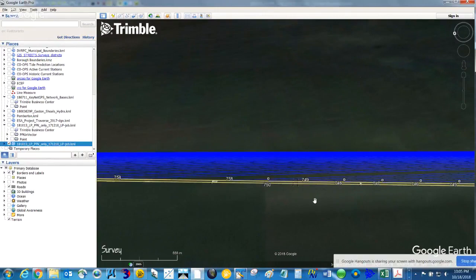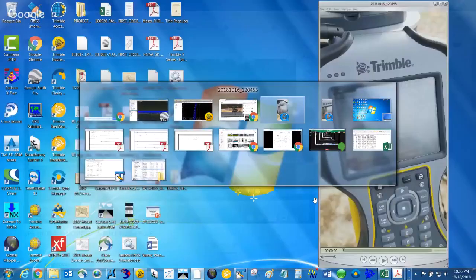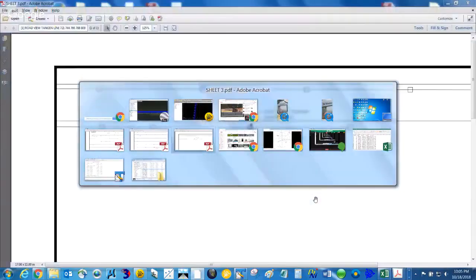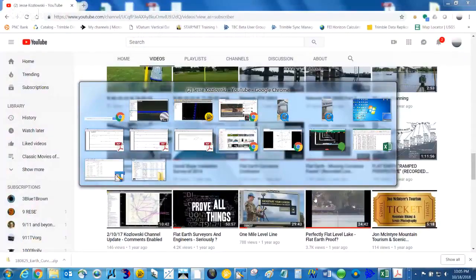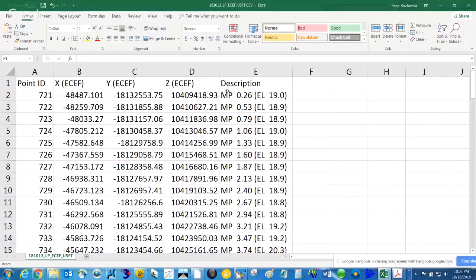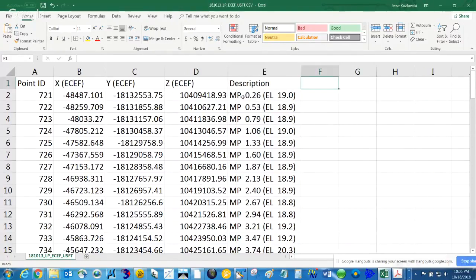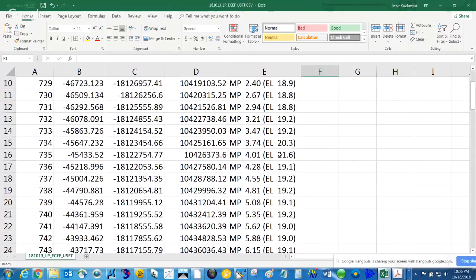Which actually brings us to the next phase of this to talk about, and that is the file that I output. That's this. So these are the point numbers in column A, and these are what are called Earth-centered, Earth-fixed coordinates. And that's what I'm going to talk about next. And then each one I have a descriptor that is the milepost and what the elevation is on the road.